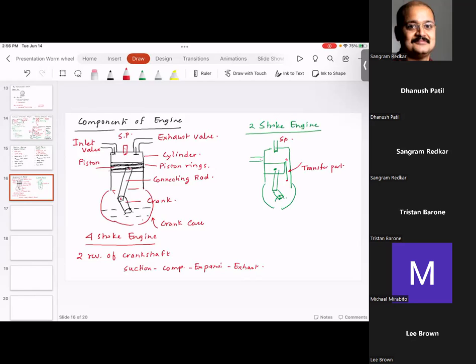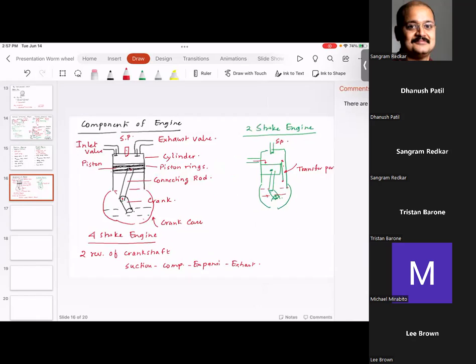So during the suction, the air-fuel mixture comes in from the top. This is where the suction is happening. At the bottom, there is already charge which is compressed. This compressed charge goes up, and then the spark is ignited, and you get expansion. And then as the piston is going down, you have the exhaust.